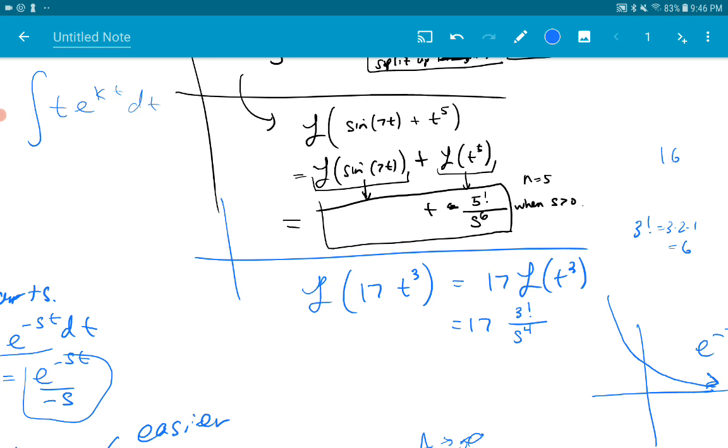We should multiply 6 times 17. I should have used smaller numbers, but it's 102. So the final answer would be 102 divided by s to the fourth, and this is when s is greater than 0. Because we knew the Laplace transform of t to the third by itself, we're able to now compute the Laplace transform of anything times it. It's very powerful.